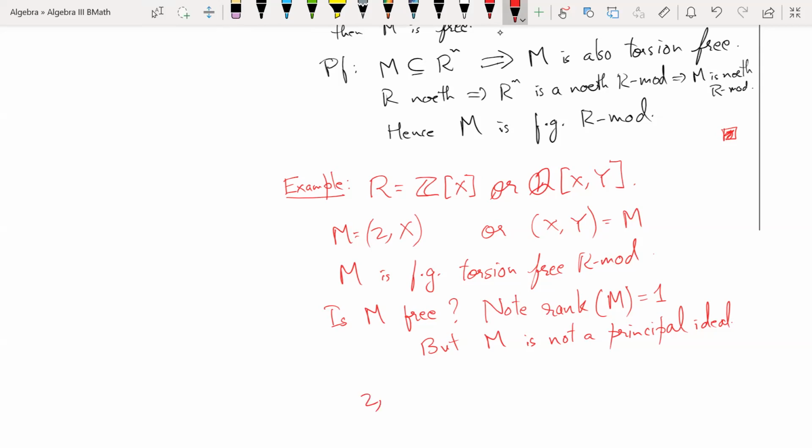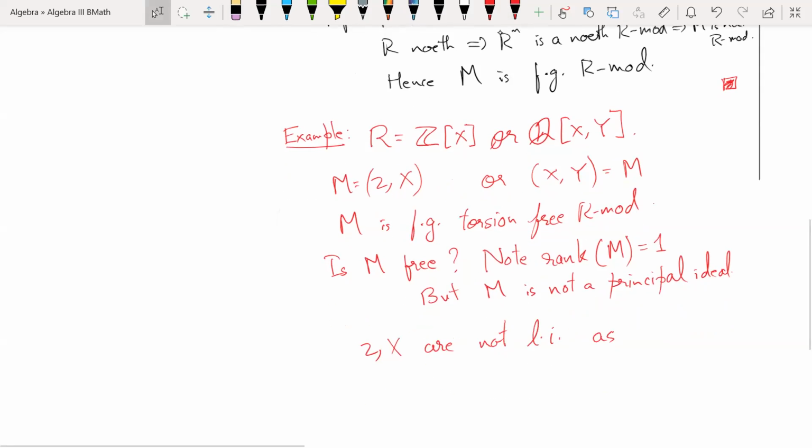So why are 2 and x linearly dependent? You just multiply 2 by x, and take x times 2 minus 2 times x.